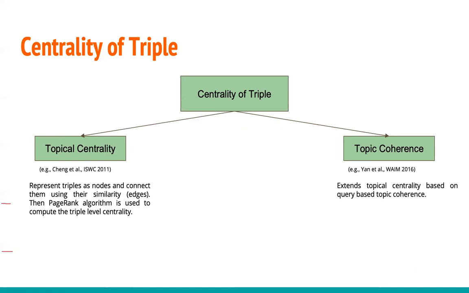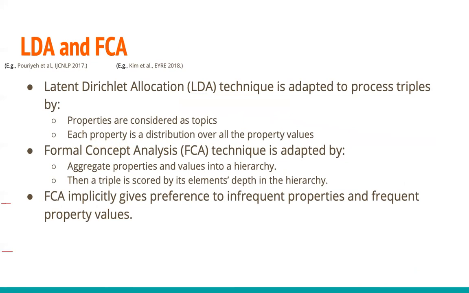Now let's look at the last set of features in this section. So people have also used LDA, latent Dirichlet allocation, and FCA, formal concept analysis. So in LDA, properties are considered as topics, and each property is distributed over all the property values.